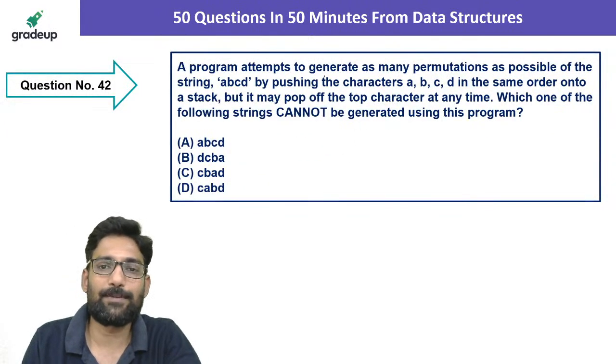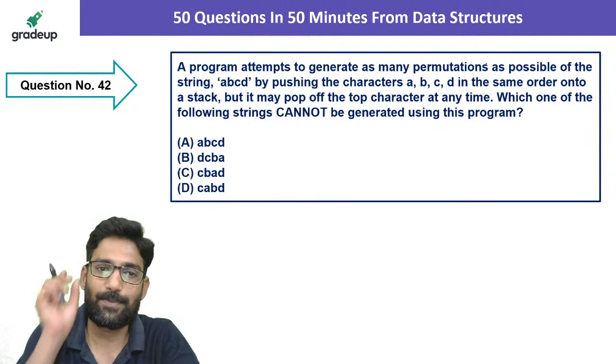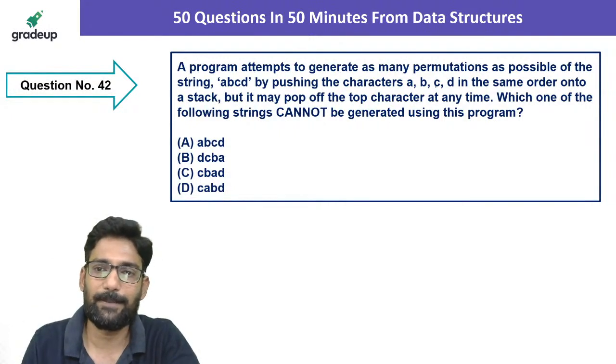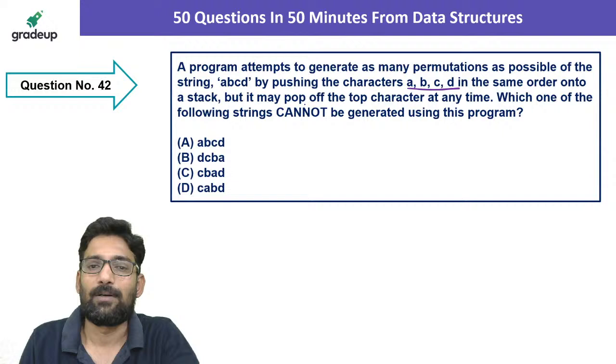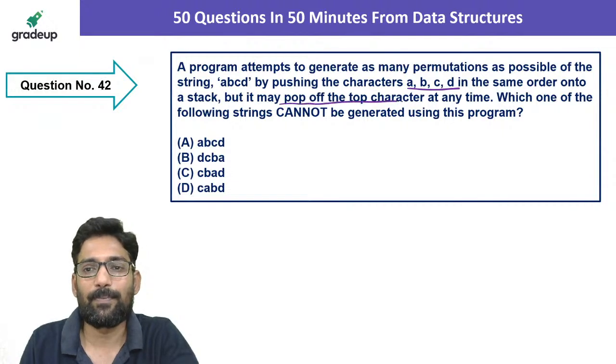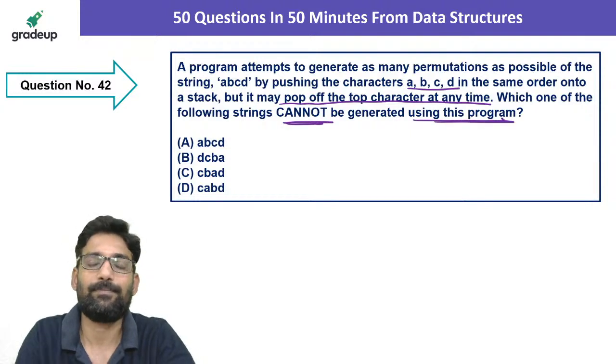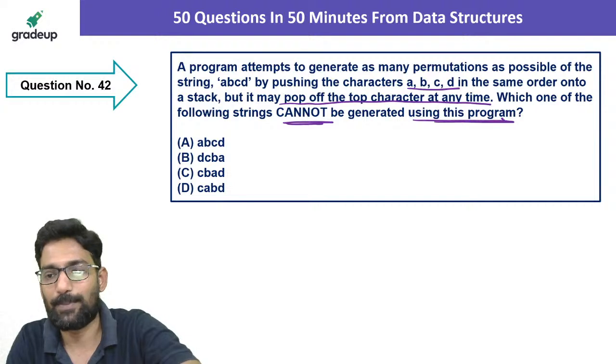A program attempts to generate as many permutations as possible of the string ABCD by pushing A, B, C, D in the same order, but it may pop the top at any time. Which string cannot be generated using this program? This is another popular model question.